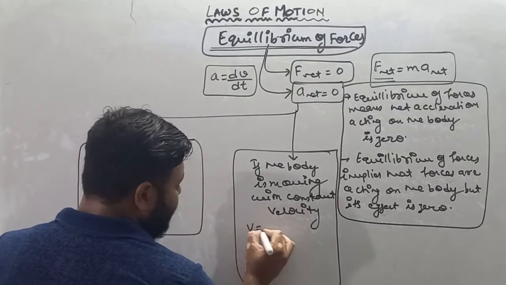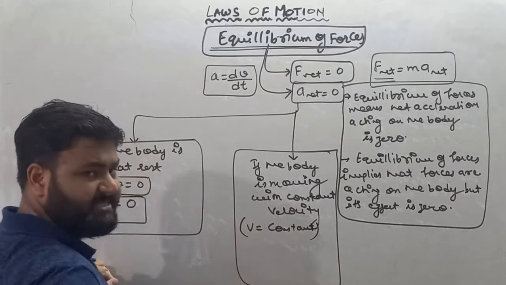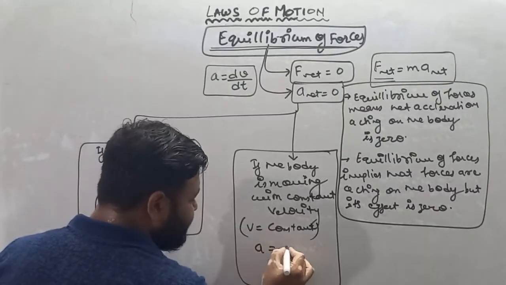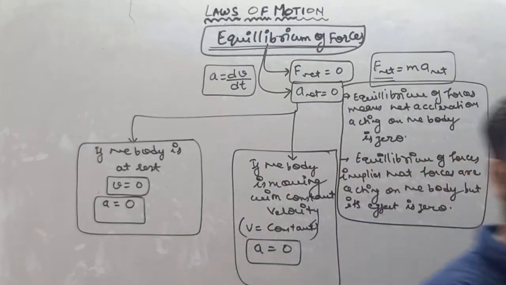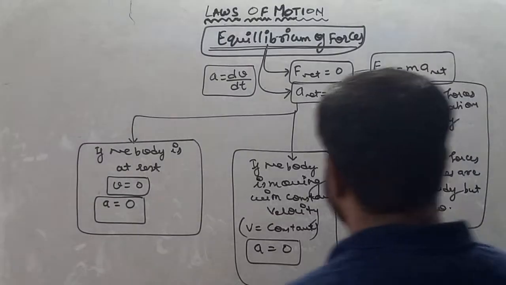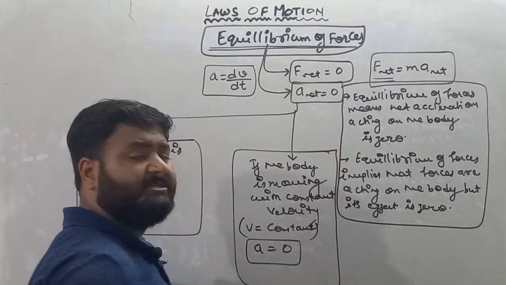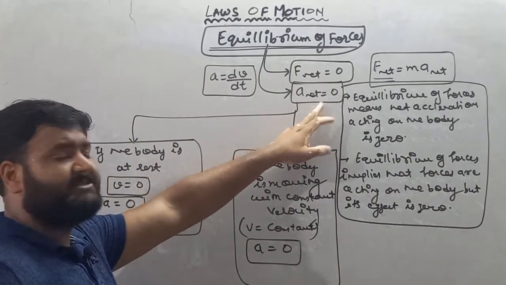So if velocity is constant, it implies velocity is not changing, and if velocity is not changing, then it is but obvious the acceleration of the body is equal to 0. So on this board you will see that equilibrium of forces means net force is equal to 0, or we can say if net force is equal to 0, it implies net acceleration is also equal to 0.